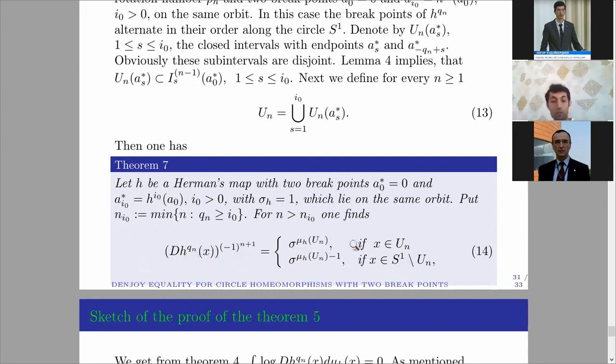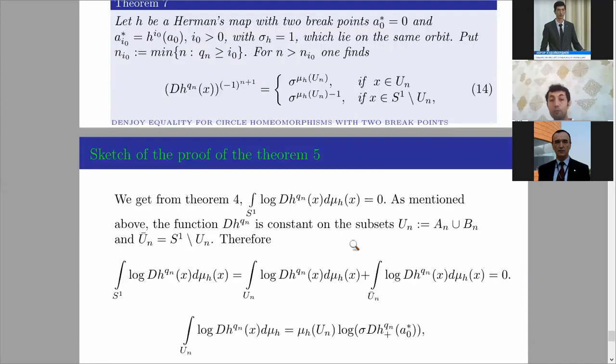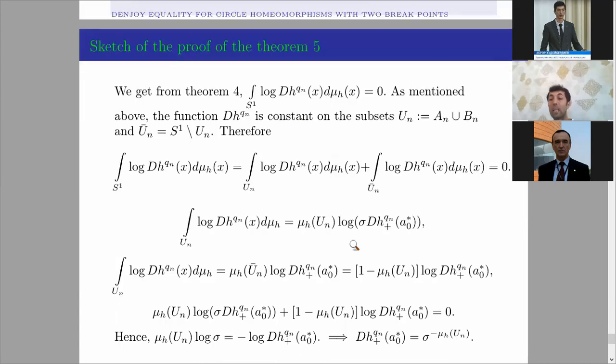And just for more information, I gave the sketch of the proof of case 1. Here the key role is taken by the result of theorem 4, which is proved by Herman. And as I mentioned above, DHQN is constant on the subsets of UN and UN bar, S1 minus UN.